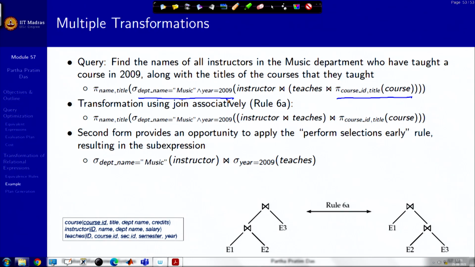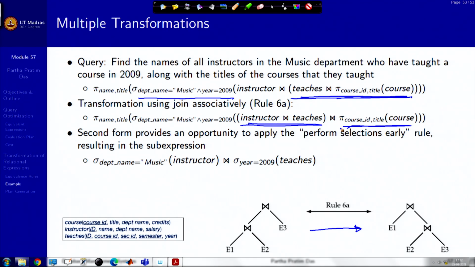As we have that, we can use rule 6a to change the associativity of the join. So, if we change that, then instead of doing this join first, we are doing this join first. Then we do the second join.